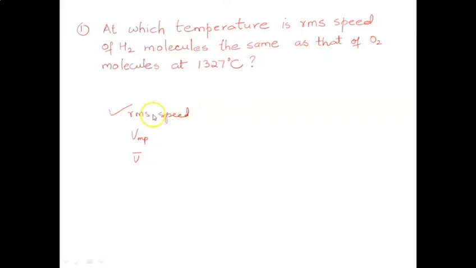BSc, and we have learned about three types of speeds: root mean square speed, most probable speed, and average speed. Maxwell also has given us the formulas to find out these three speeds.